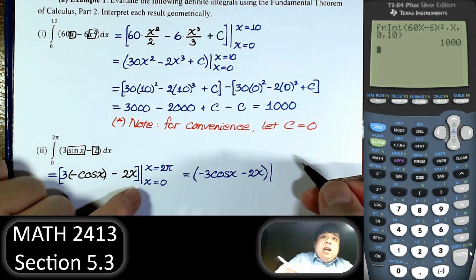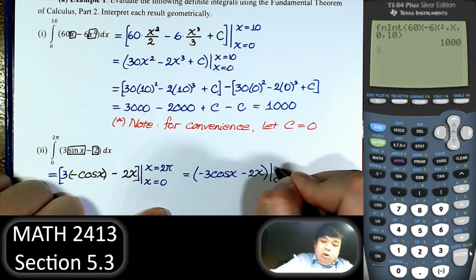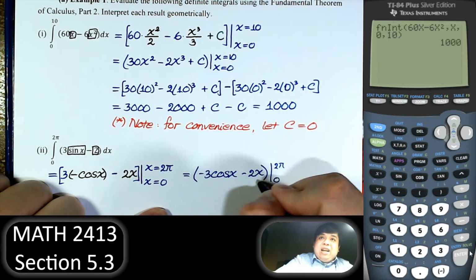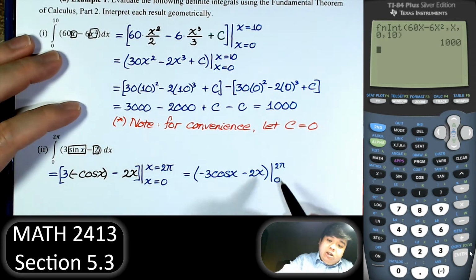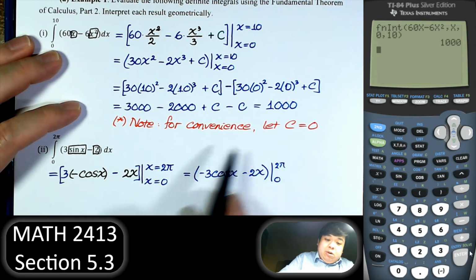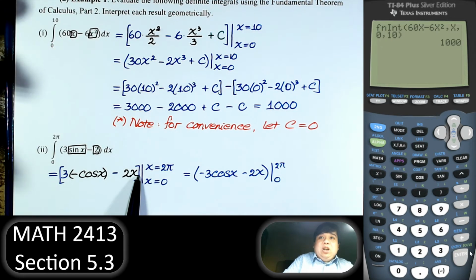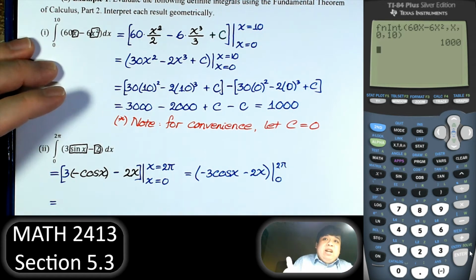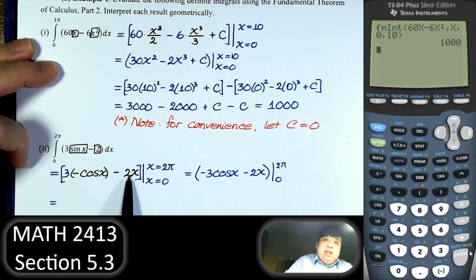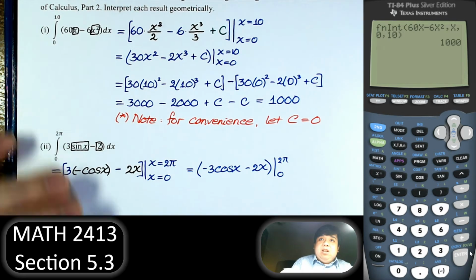Yeah, if it's clear, we just say go from 0 to 2 pi without writing x, because x is the only variable here, so we just need to write it like that. And of course there's no constant c because we let c equal 0. So later on, for a definite integral, we don't need to write a constant c, just need to evaluate the limits.